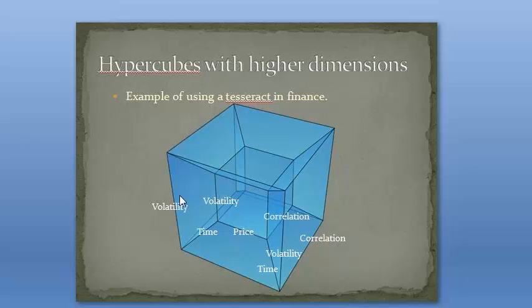So this face, this point to this point to this point to this point, is what I call a hyperface. It makes up part of the hypercube. So a hyperface, this face here, is volatility, price, and correlation.